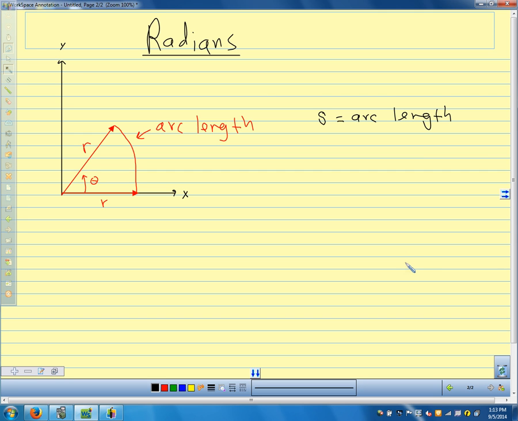When we talk about radian measure of an angle, we're talking about the ratio of the arc length to the radius.